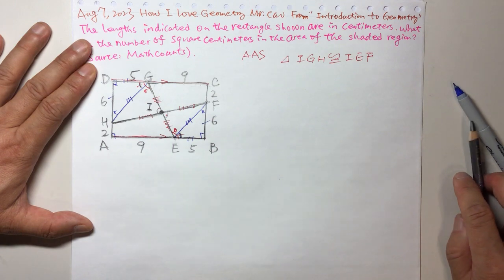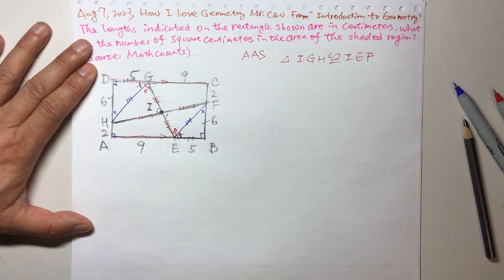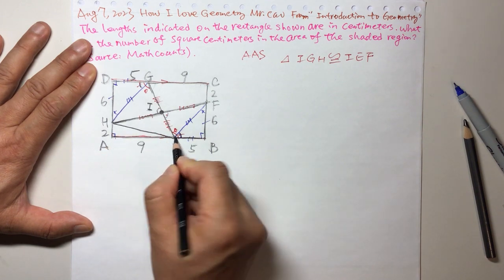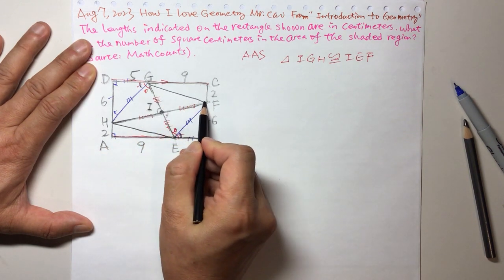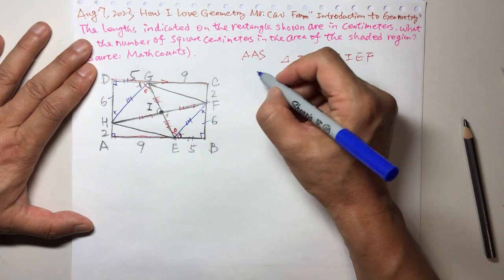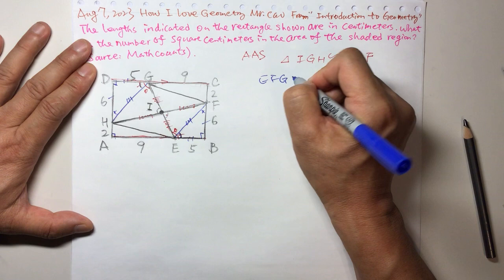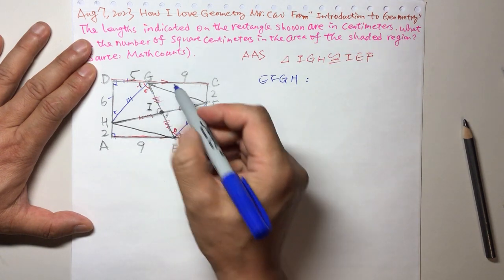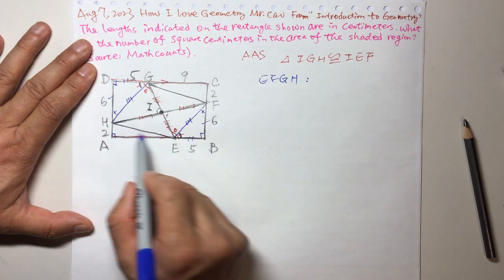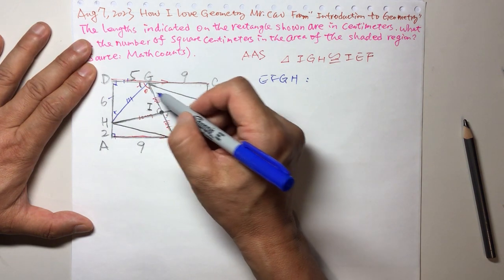So if we connect GF and HE, EFGH now is on this side. We know GF also equals HE, and we know this triangle.